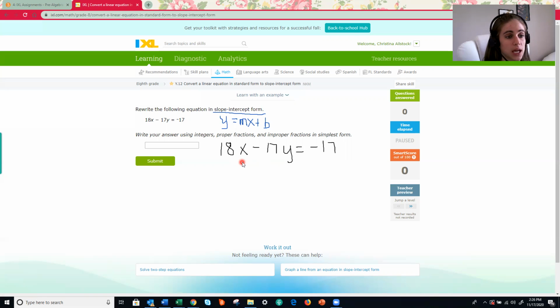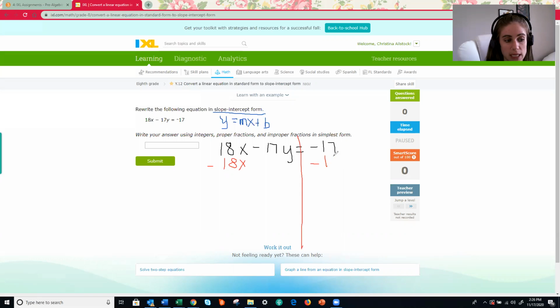There's nothing in front of that, which means it's a positive 18x. So what's the inverse? What's the opposite of a positive? A negative. So we are going to subtract that entire term from each side. We're going to subtract 18x here, and then here we have our equal sign.